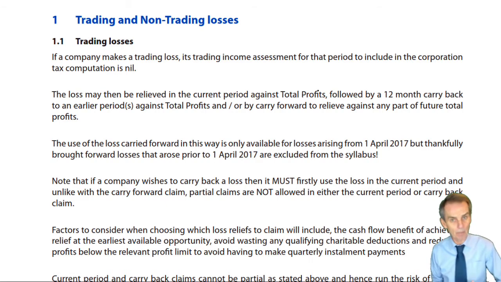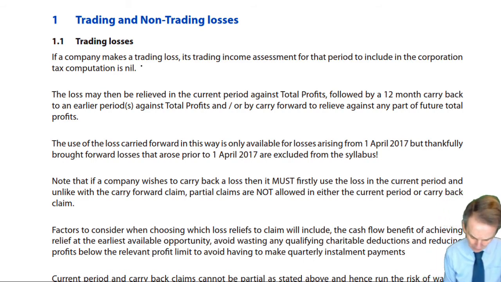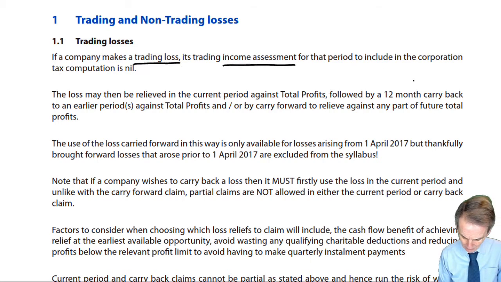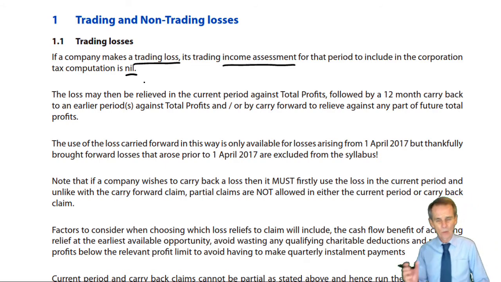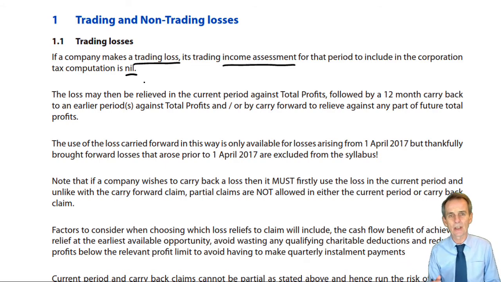And that's the first basic point. Again, a series of essential key points are firstly listed in this chapter. So if the company makes a trading loss, its trading income assessment for the period to include in the corporation tax computation is nil. We're never putting a bracketed figure in, it's a nil assessment. And instead, we then set up a loss memorandum to show how and where we will use that loss.